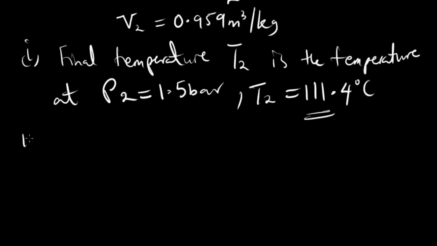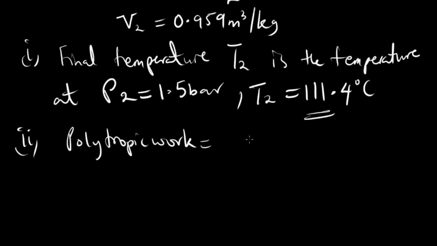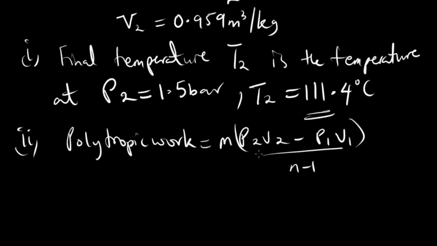So the polytropic work will be equal to P2V2 minus P1V1 over n minus 1, but we have a mass, so we multiply it by our mass. So work will now be 0.9 times P2 is 150, converting bar to kilopascal.